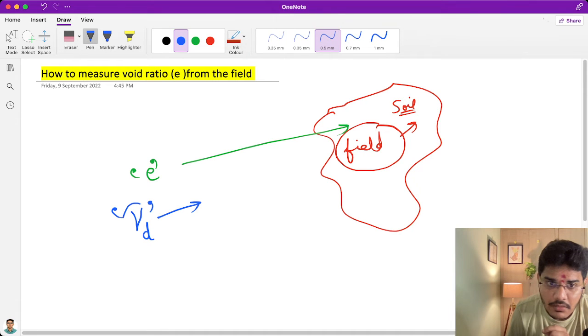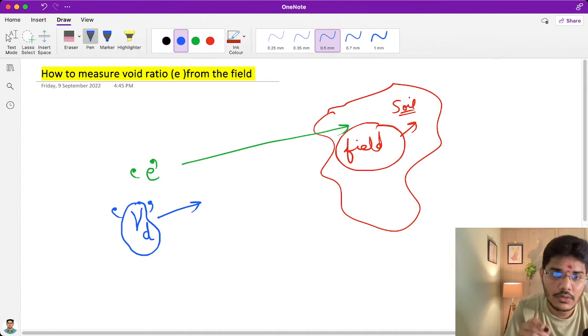That is why in the field, to know the degree of denseness, we find gamma D only.